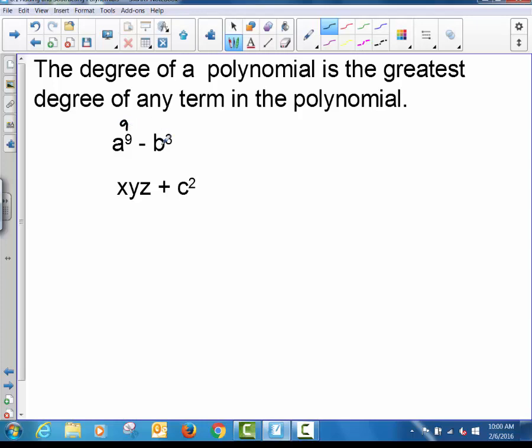The degree of this monomial is 3. Therefore, the degree of the whole thing is 9, because 9 is the biggest degree of any of the monomials in there. So let's look at the second one. The degree of this one is a 2. The degree of this one is 1, 2, 3. So the degree of the polynomial is 3, the greater one.